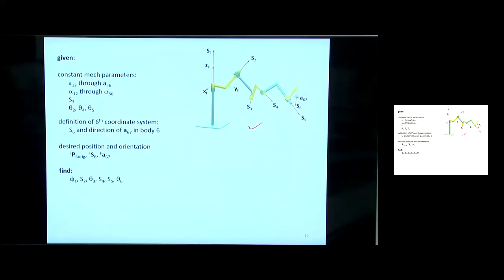For this particular mechanism, what are the things that are never going to change? That's our constant mechanism parameters. So again, for the links of 1, 2 through 5, 6, I know everything about those. Let's see, there's a revolute at 3. There's a prismatic at 2, 4, and 5. So I'm going to know those joint angles.